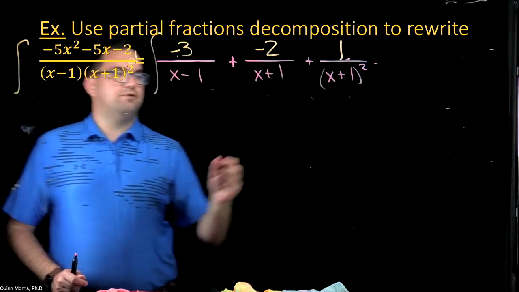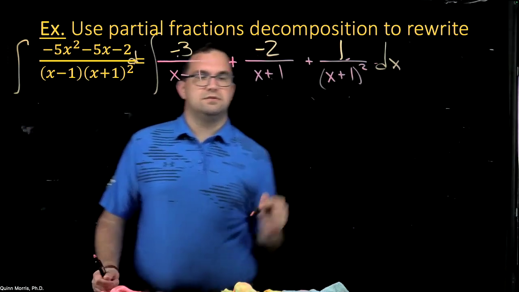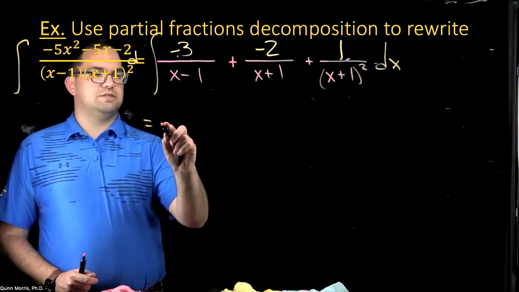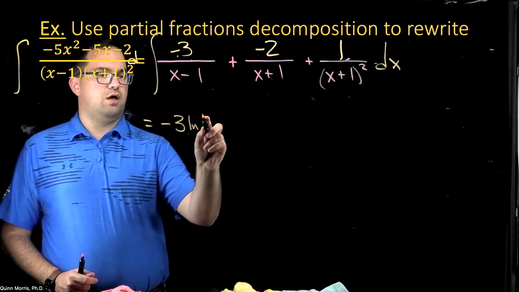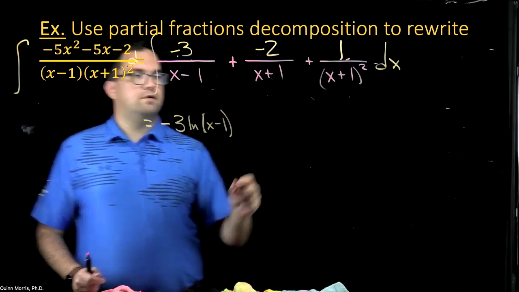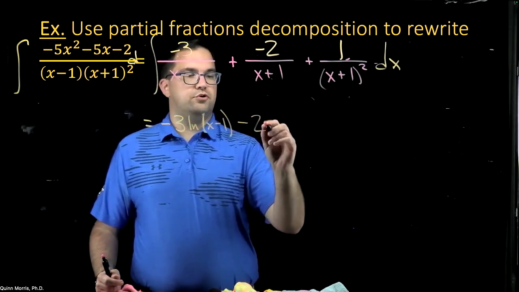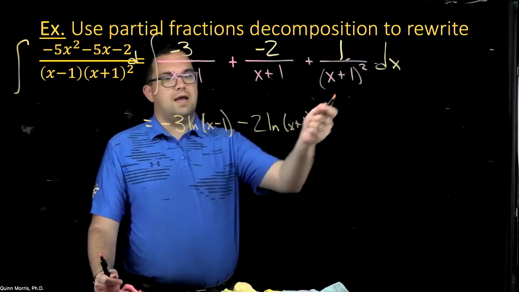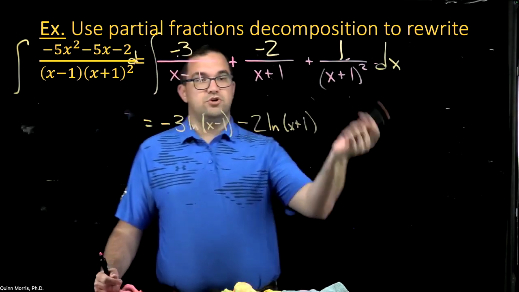I could instead just integrate this dx, right? And now I can integrate this term by term. This is negative 3 natural log of x minus 1. This is negative 2 natural log of x plus 1. And this I could do a u substitution on.